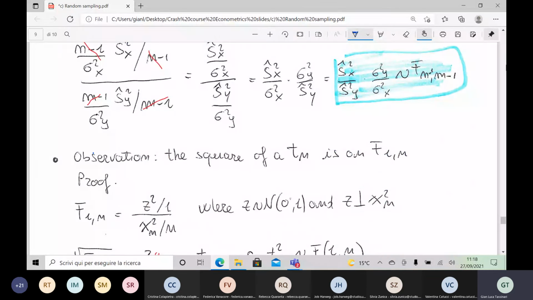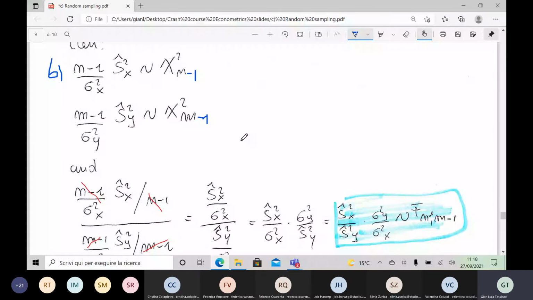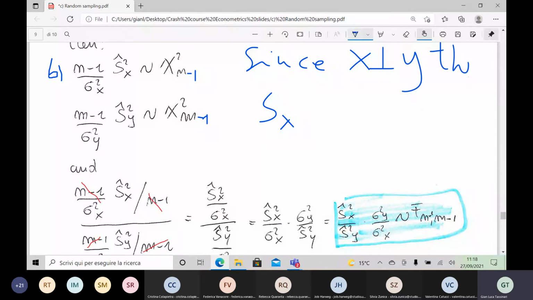I add this one, because if you study otherwise, you would ask why the professor didn't mention it. So let me see. Since X is independent from Y, then S hat square X is independent with respect to S hat square Y. Remember, here you have this times a constant, this times a constant, so this is also independent with respect to this one, thanks to this condition.